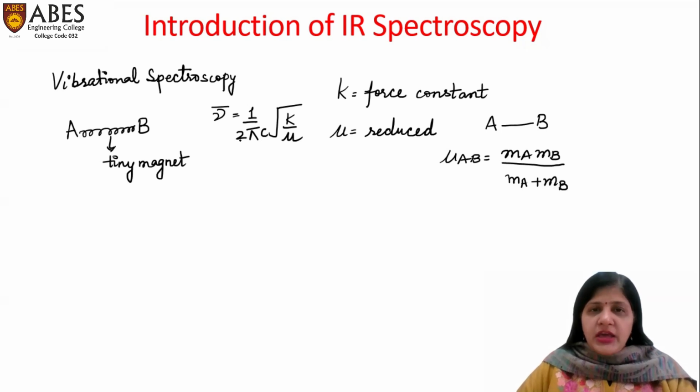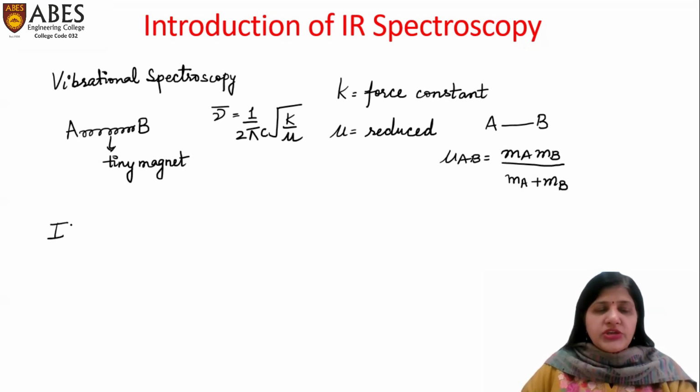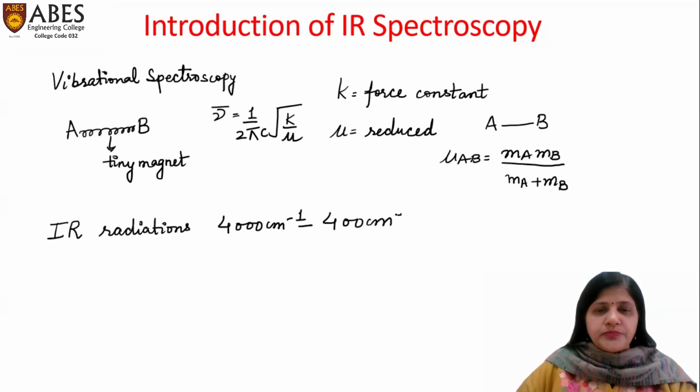And IR spectroscopy deals with the interaction or transitions between these vibrational energy levels of a bond when a molecule absorbs the radiations falling in the IR range, which corresponds to 4000 centimeter inverse to 400 centimeter inverse.